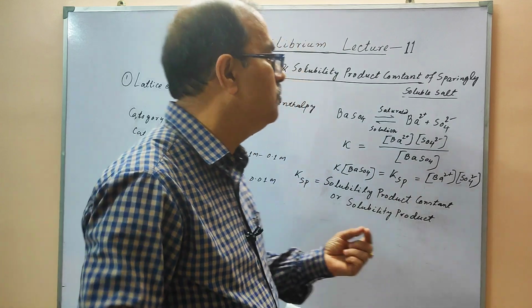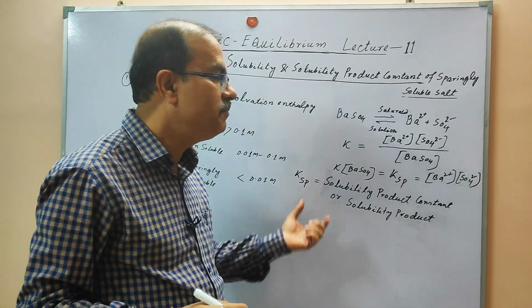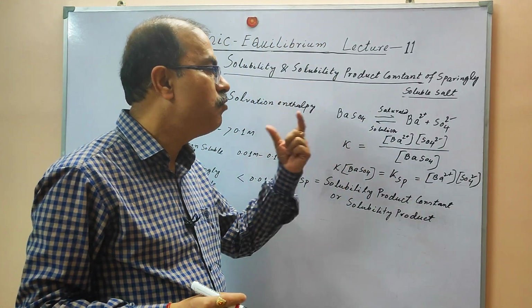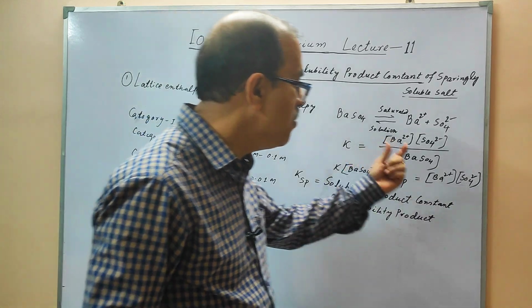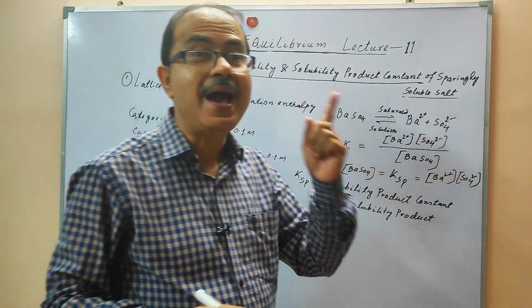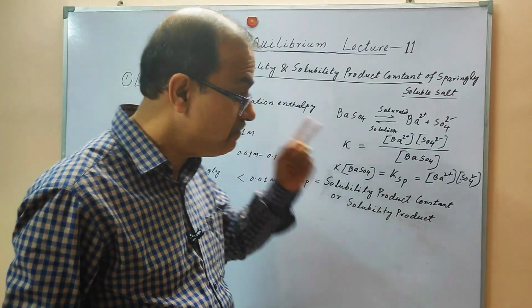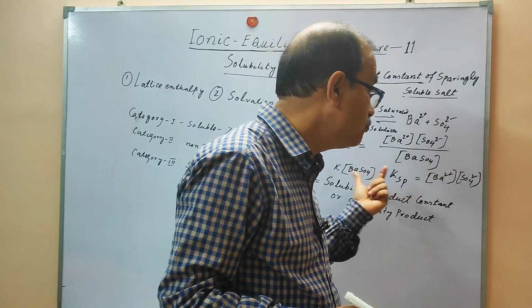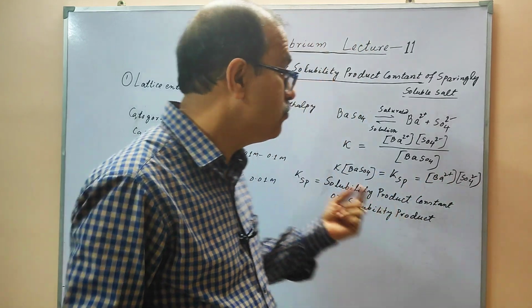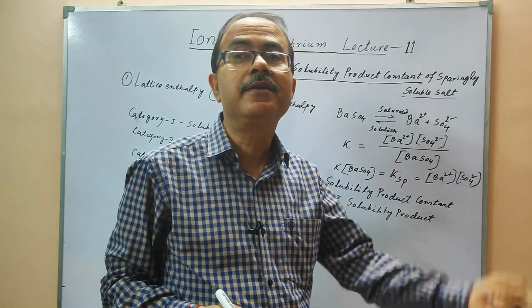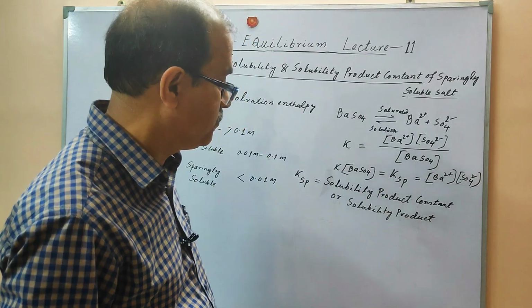We can define the solubility product. It is basically the product of the molar concentration of the ions in the saturated solution at a given temperature, because if temperature changes, then the dissociation constant will change and it will dissociate into different numbers of ions.